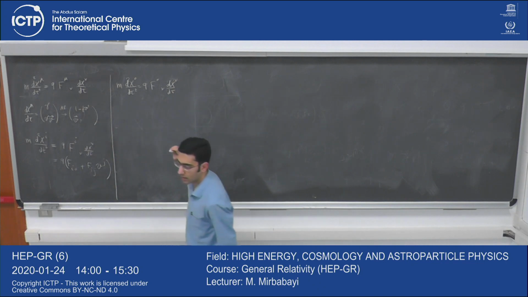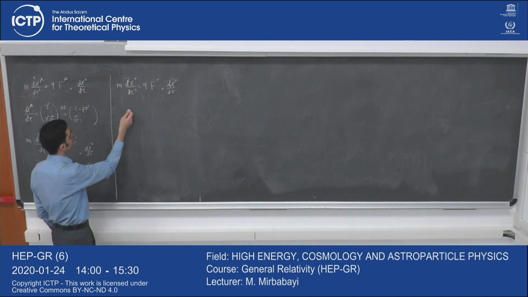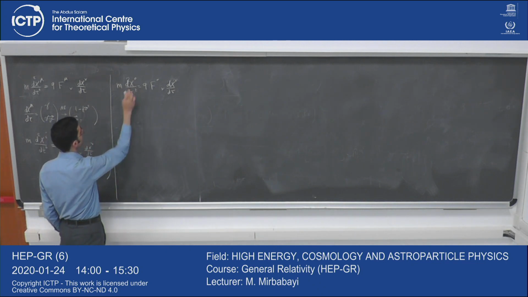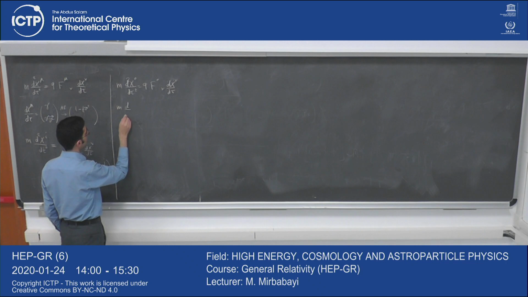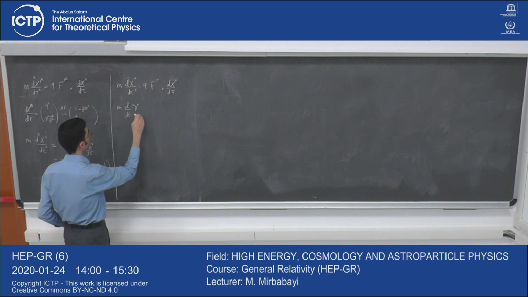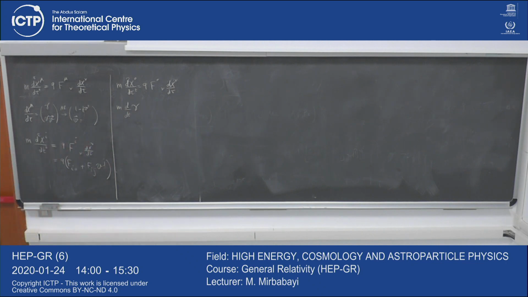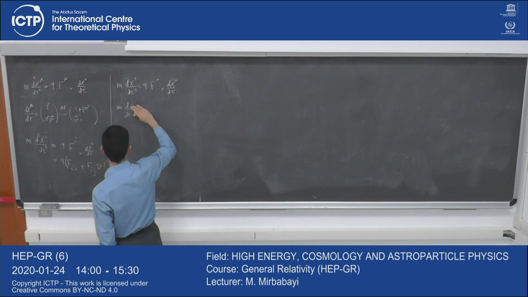So now we want to take the non-relativistic limit. In the non-relativistic limit, the zeroth component becomes the derivative d by dt of gamma, which is, in fact, this was 1 plus one half v squared.